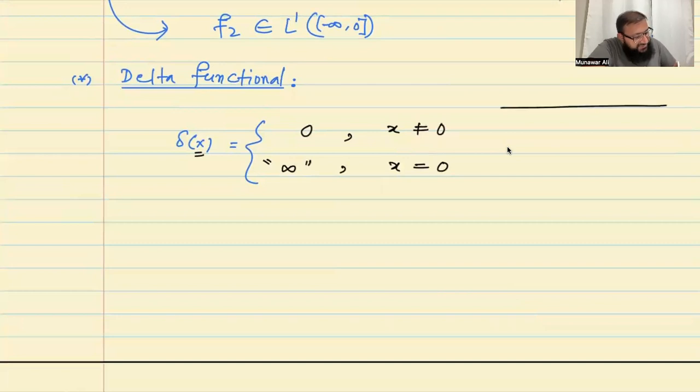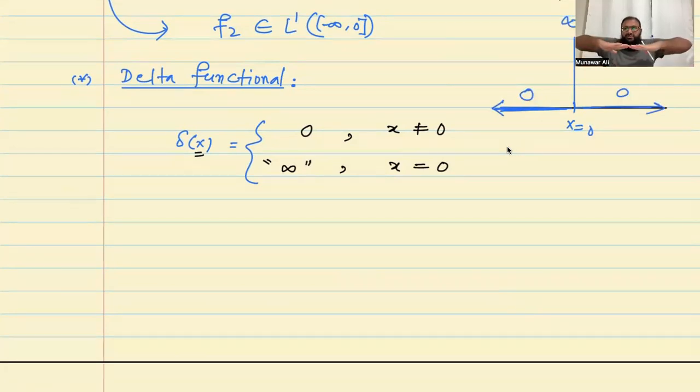The graph of this function looks like this. It's 0 everywhere, but at x equal to 0 it has some sort of kink like this, where it is, let's say, infinity. On both sides it is 0, and at 0 it has a spike like this. For the rest of the time, it is 0.